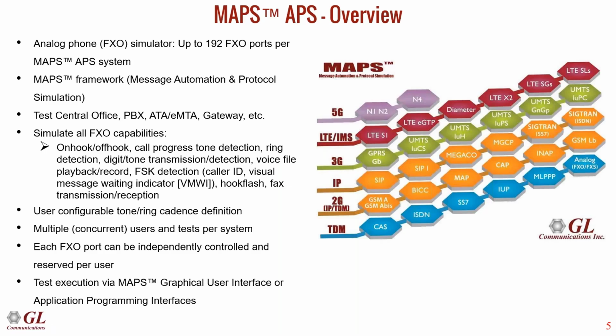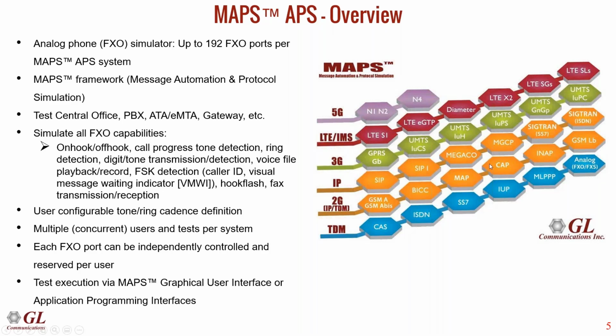So first, some of you who are familiar with GL may know our MAPS product line. MAPS is an acronym. MAPS stands for Message Automation and Protocol Simulation. It's a very powerful software program that can simulate many different protocols.